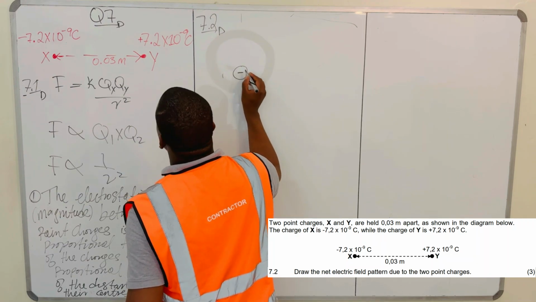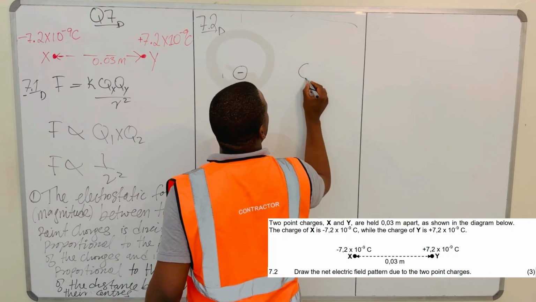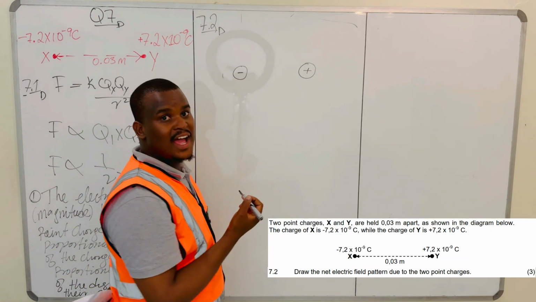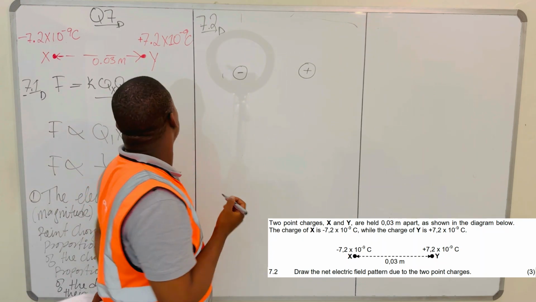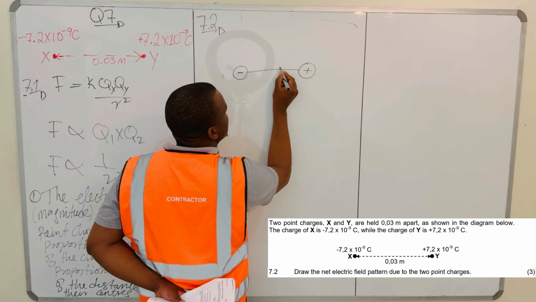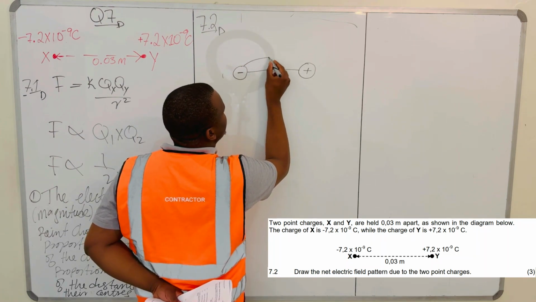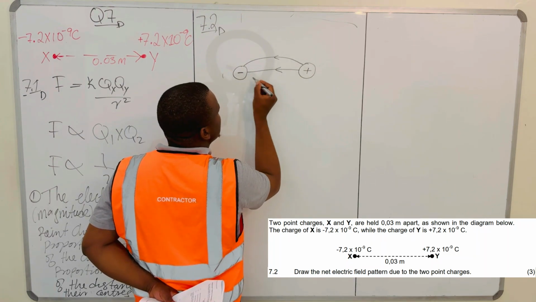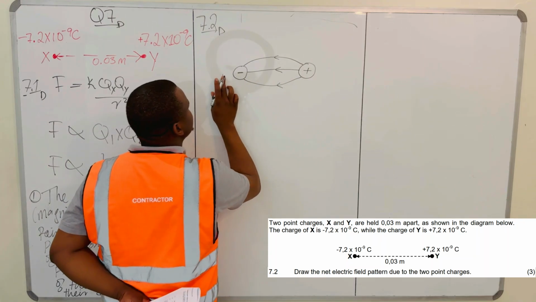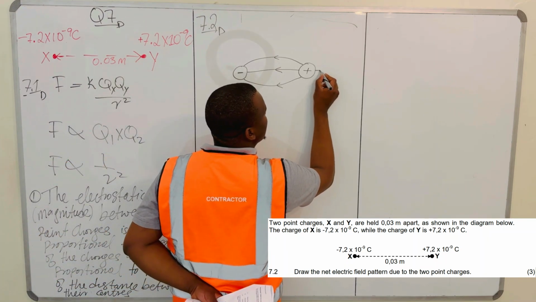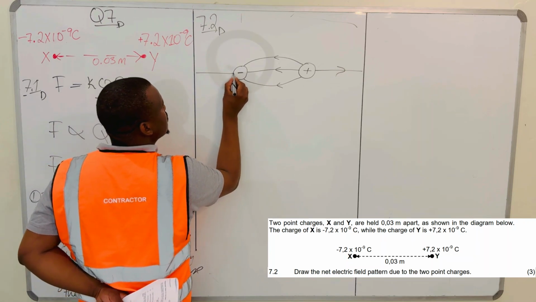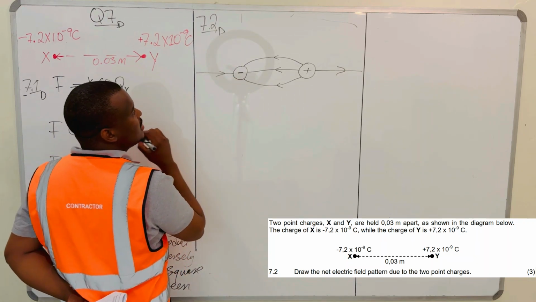This one is a negative one, right? And the other one is positive. You know, electric field lines come out of the positive one towards the negative one. So I'm going to do it like this. The direction is this one. Have another one there, same direction. Another one there, same direction. So you have one exiting at the back and coming all the way back to this one here, right?